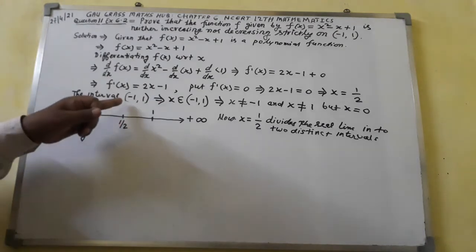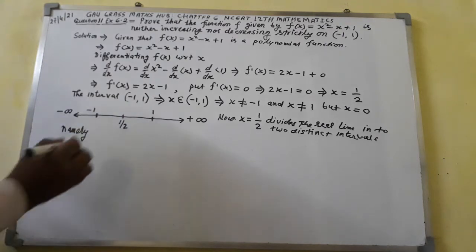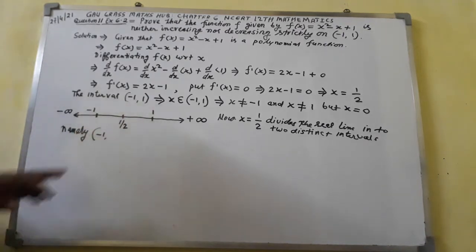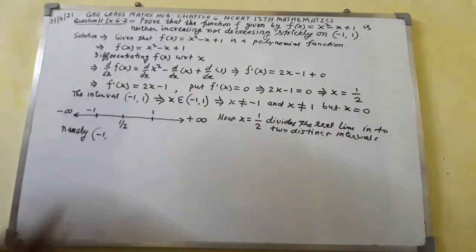Here you can see open interval −1, comma, x = 1/2 is available.